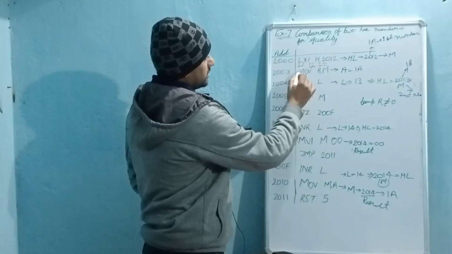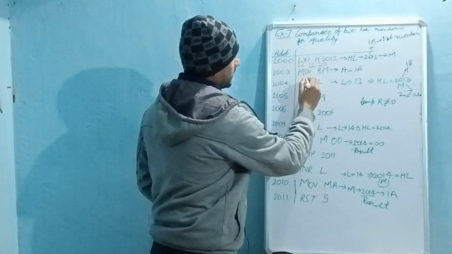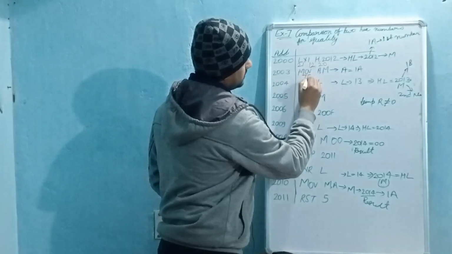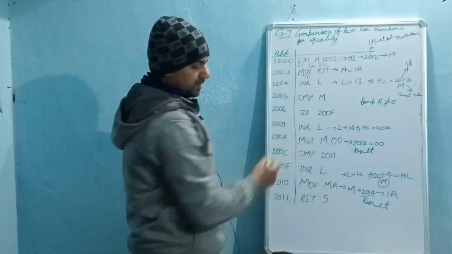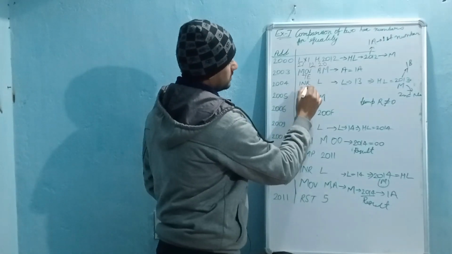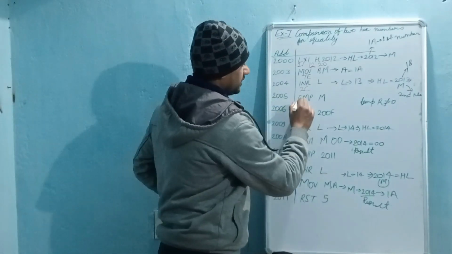Then the next instruction given, MOV A, M. For this we have the opcode or hex code 7E. Then for INR L, the hex code or opcode is 2C. For CMP, we have BE.